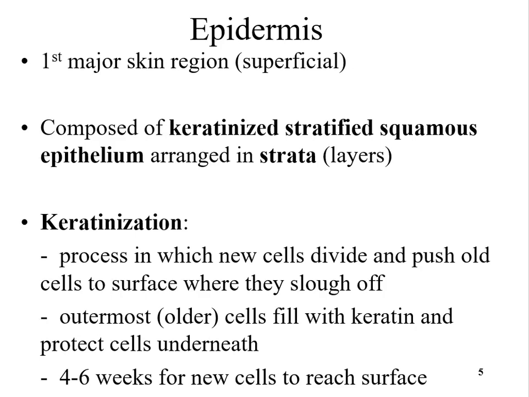However, remember that these cells are really only squamous as we approach the apical or free surface. At the bottom, next to the basement membrane, we're seeing globular, cuboidal, or columnar cells. Also recall that this type of tissue comes in 2 varieties, keratinized and non-keratinized.